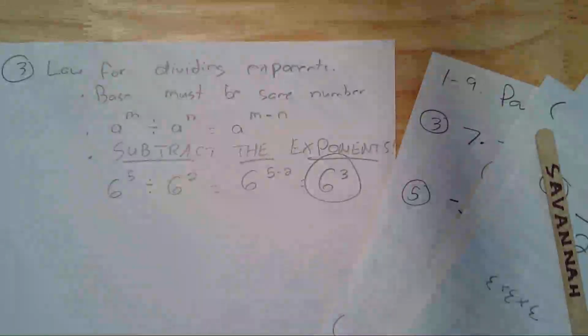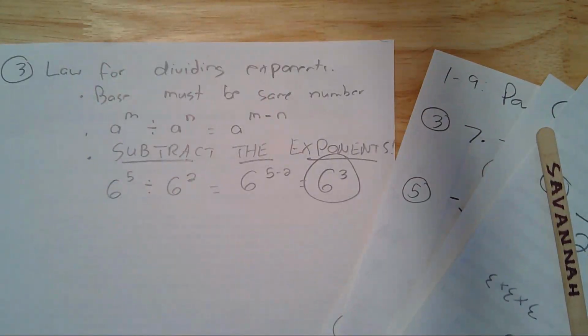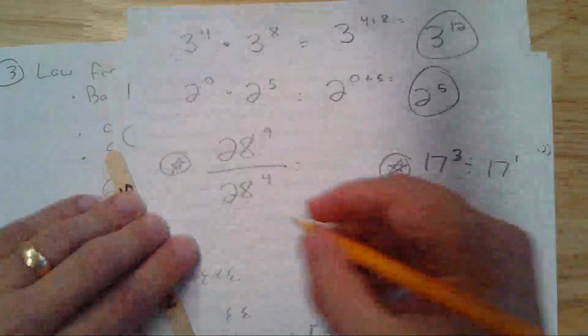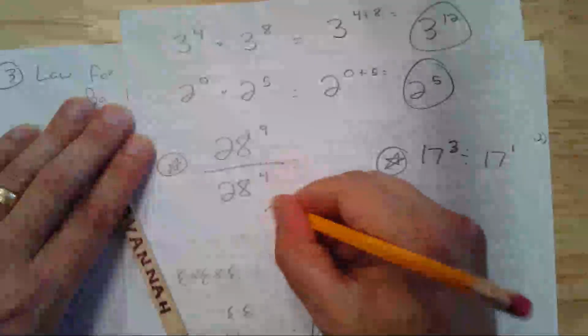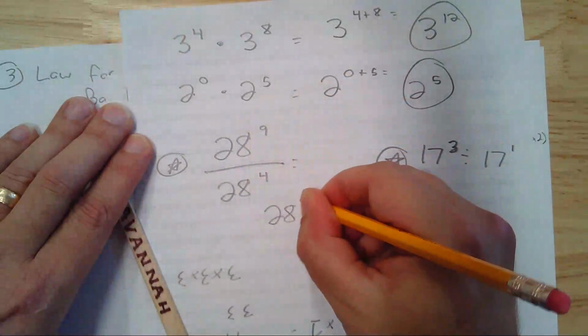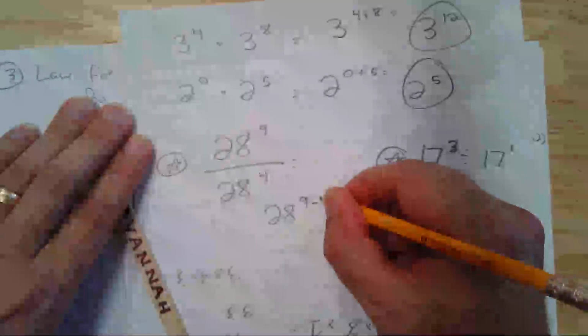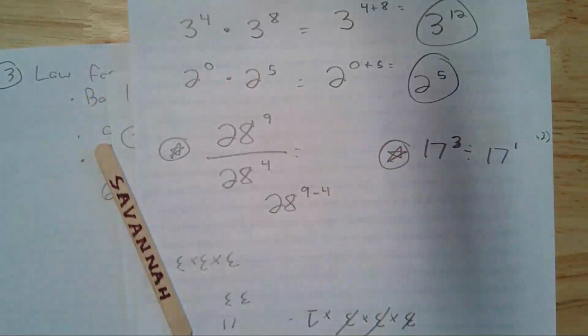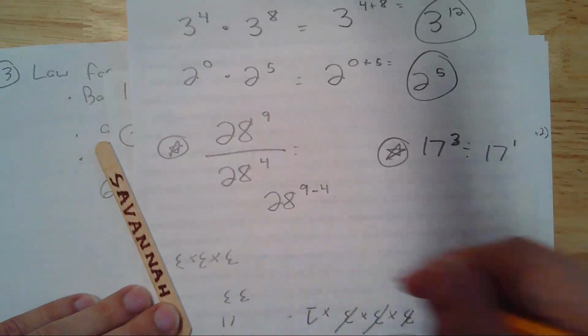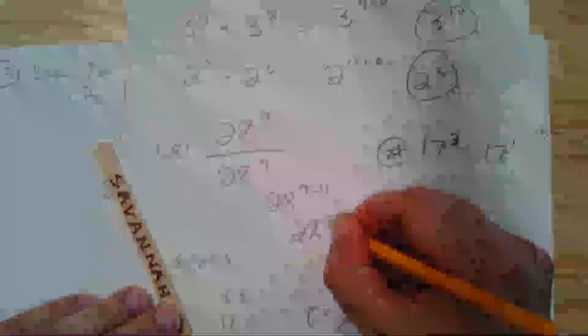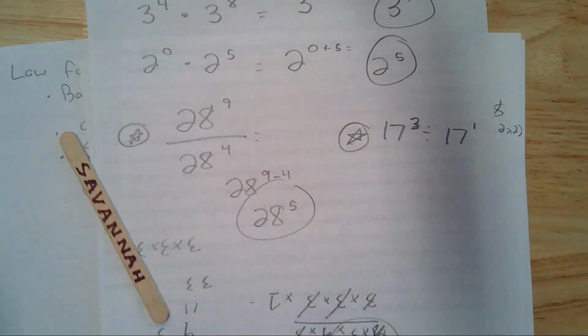Yes, 28 to the 5th. So when we are dividing, take the top and subtract. It would be 28 to the 9 minus 4, and that would be 28 to the 5th power for that one right there.